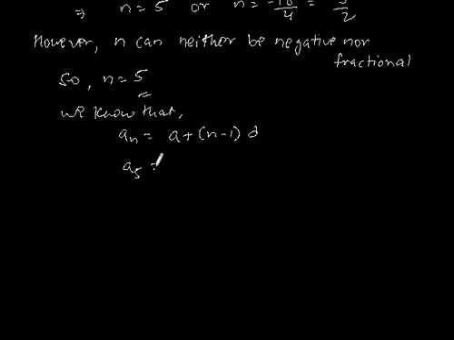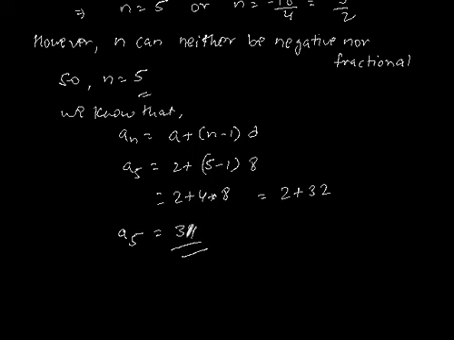So a5 is equal to a is 2, n is 5, 5 minus 1, and d is 8. This gives 2 plus 4 into 8, which is equal to 2 plus 32, which gives a5 is equal to 34. So n is equal to 5 and a5 is equal to 34.